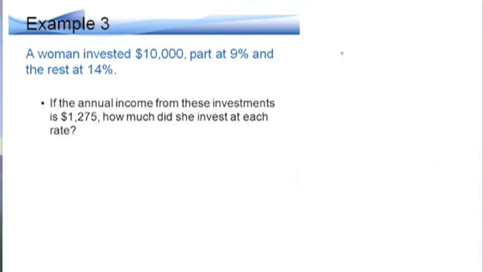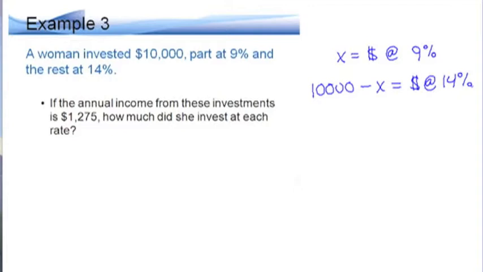First, let's let X equal the amount that we put in the 9% account. Then that means that 10,000 minus X is the amount at 14%. That's how much we have left to put into the 14%.